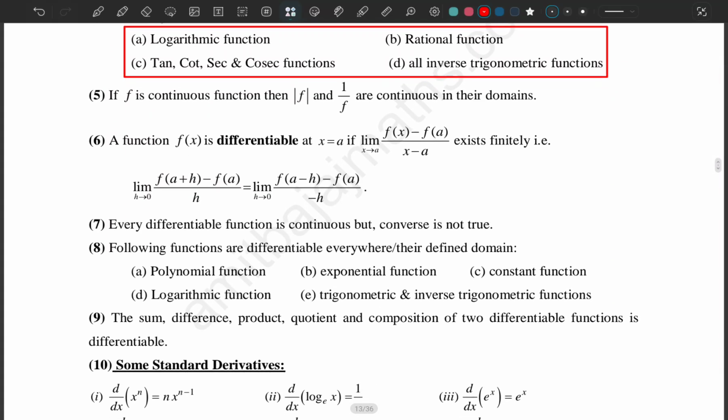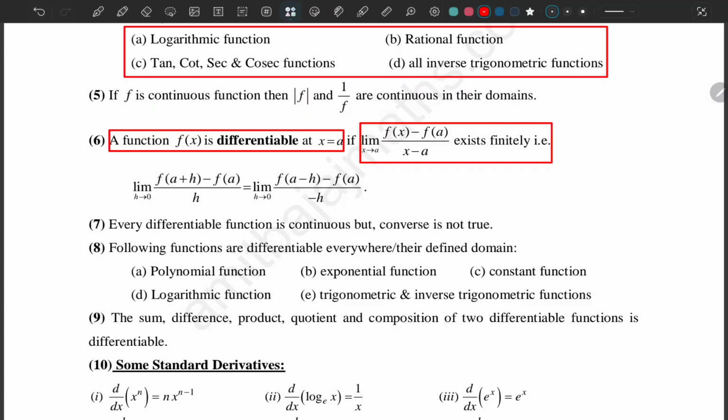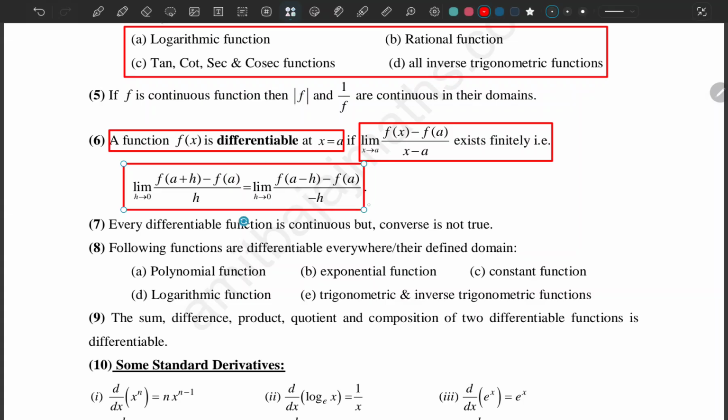Okay. And if we talk about the derivative, a function is differentiable at x equals a if the limit x tends to a of f of x minus f of a over x minus a exists finitely. That is, the limit h tends to 0 of f of a plus h minus f of a over h, the right hand part, and then the limit h tends to 0 of f of a minus h minus f of a over minus h.